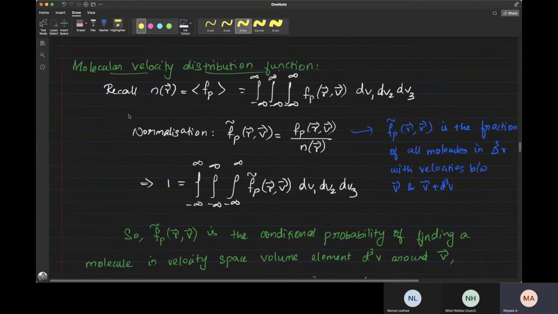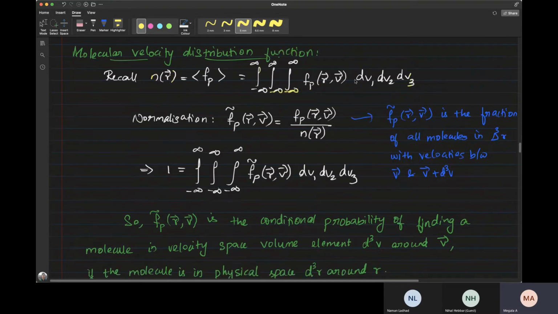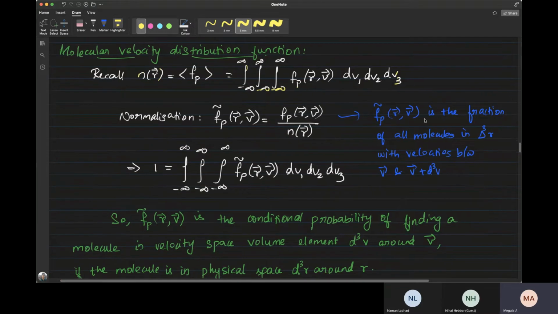So we have just seen that the number density is the integral of f, and that is this integral basically. So let us normalize f as f tilde, given by f by n of r vector. So f tilde is basically the fraction of all molecules in our physical space with velocities between V vector and V vector plus d cube V. This quantity represents the fraction of molecules.